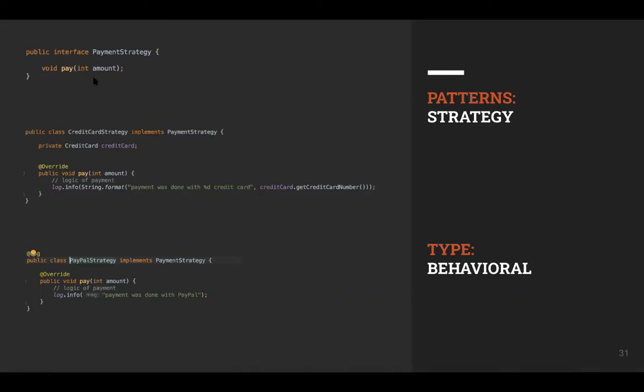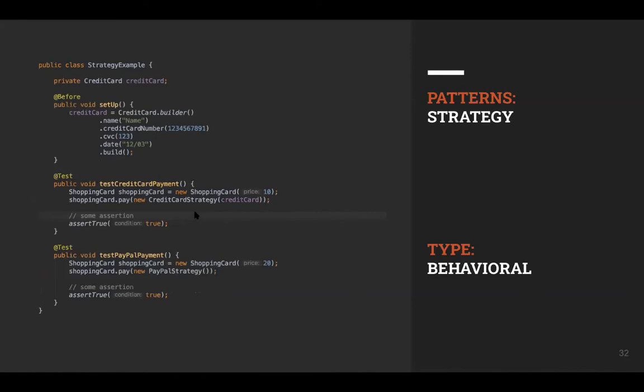That's the code example: we have an interface with a pay method, and then we can create different strategies and implement the payment strategy interface. There are two strategies, like credit card strategy and PayPal strategy. So it's pretty common.